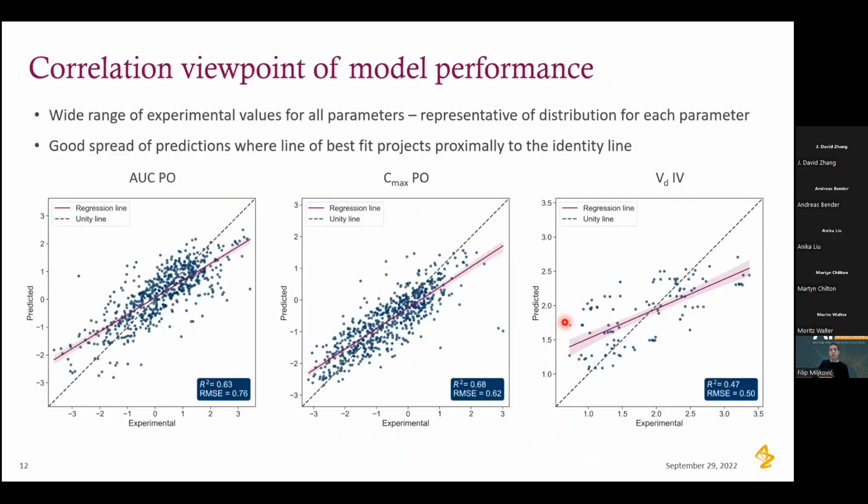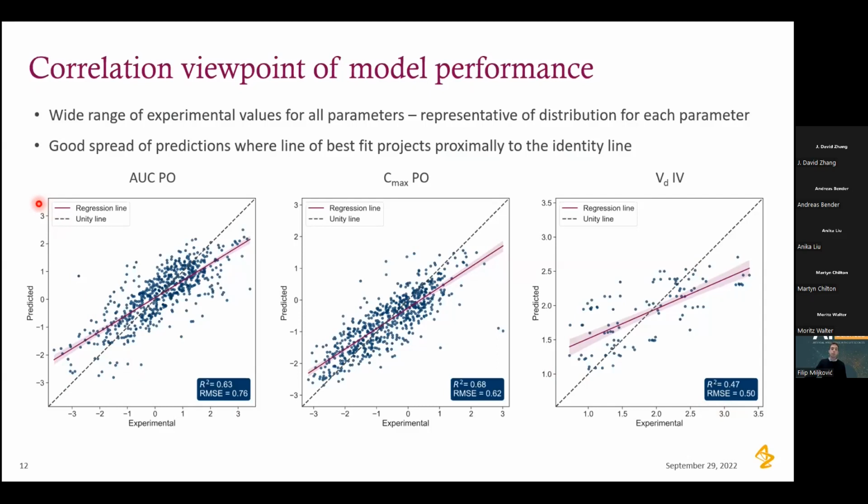Of course, to further estimate the model performance, we need to look at the correlation of the parameters and the predictions. As you can see, for all 3 PK parameters and their holdout test sets, we see a quite wide range of the experimental values, which is typical for all stages of drug discovery.